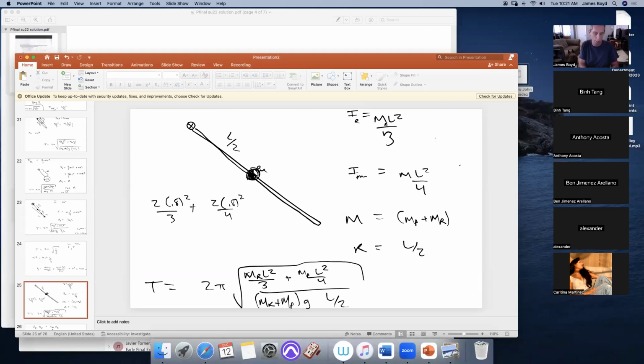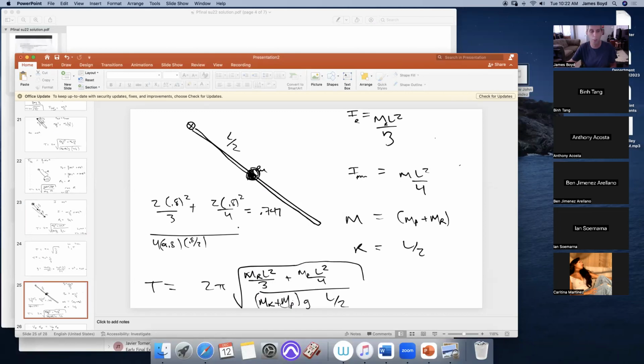So 2 over 3 plus a half times 0.8 times 0.8. This is 0.747. The top. On the bottom, this is 2 plus 2, so that's about 4 times 9.8. So 4 times 9.8 times 0.8 divided by 2.